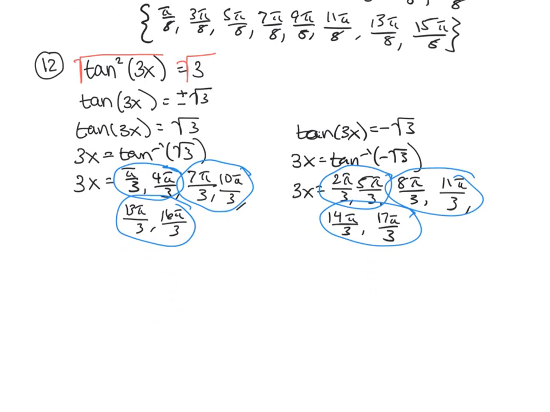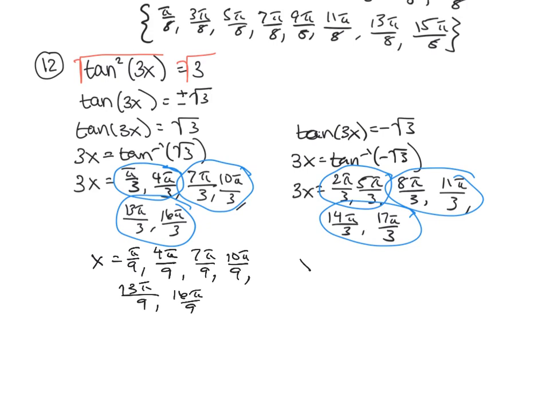So from here, we're still not done because we need to get x by itself. So you can either divide everything by 3 or multiply everything by 1/3. I'm not going to show the step for this because that kind of got messy. But this becomes x is equal to pi over 9, 4 pi over 9, 7 pi over 9, 10 pi over 9, 13 pi over 9, and 16 pi over 9.